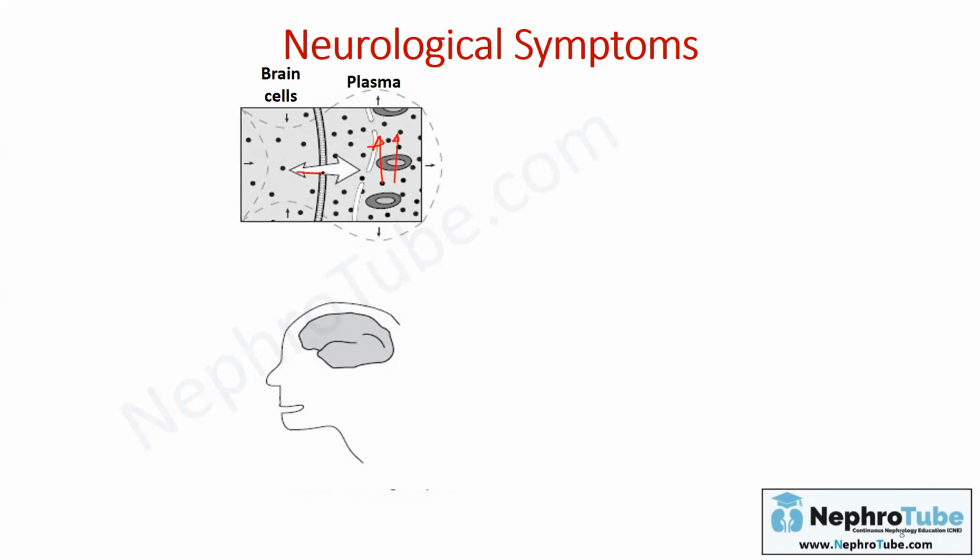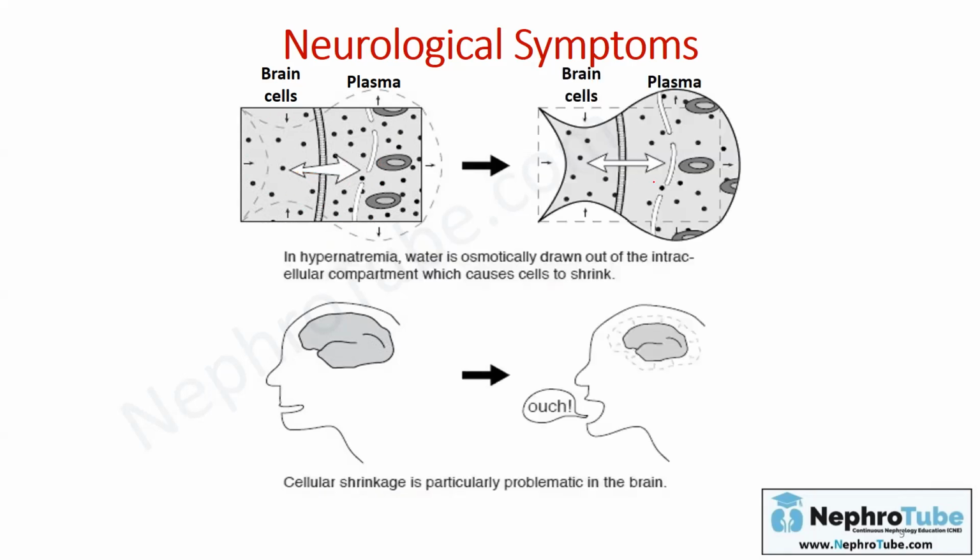So this will osmose water from cells out into the plasma. So the brain cells will lose water. This will make the brain cells shrink, and this is what causes the neurological symptoms secondary to hypernatremia.